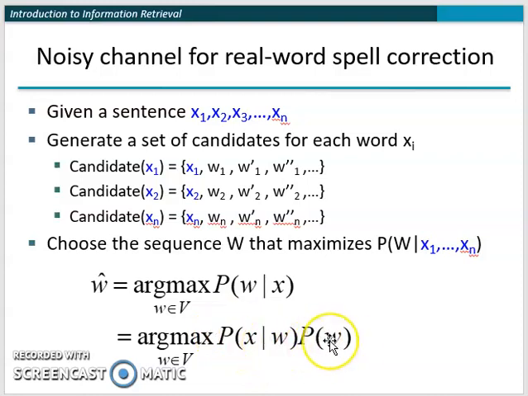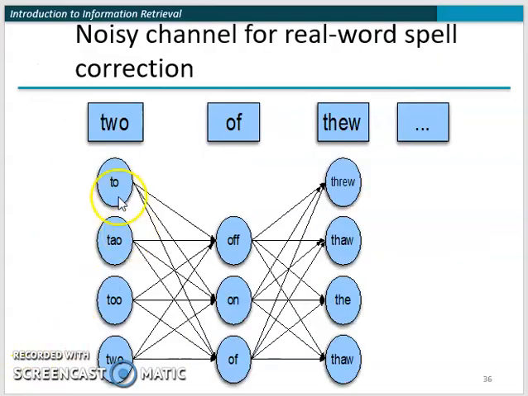This is the prior probability. Consider this example, two of three. The possible candidates for two could be these, and now note that two is also a part of the possible candidates. Possible candidates of "of" are these, and possible candidates of "thew" are these.